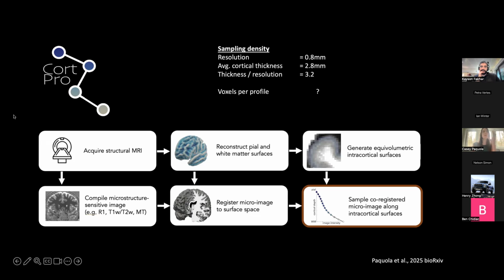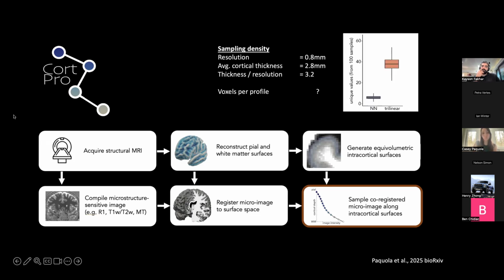But we know that voxels aren't perfectly aligned with the cortex as well. So we ran a bunch of tests on some data that we had of how many voxels really are within each profile. How much information can we really sample here with standard research quality MRI?